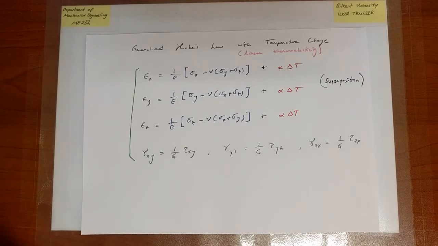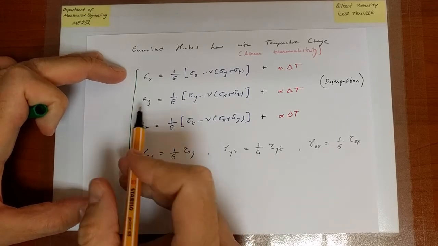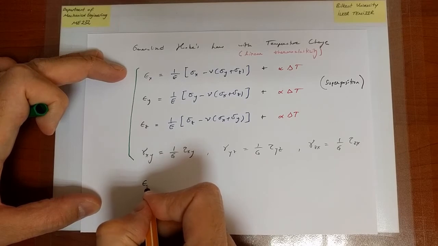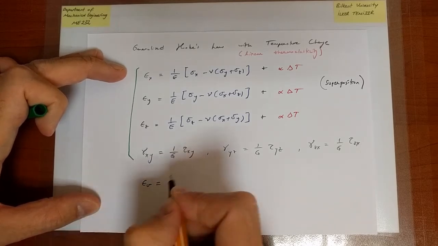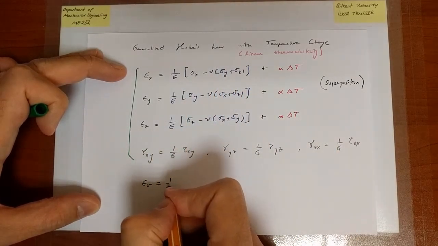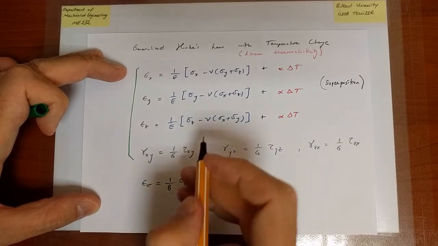And here, what you can also do as a side exercise now is to verify that if you sum the left-hand sides, you would get the volumetric strain. And on the right-hand side, we've done this before, it is 1 over the bulk modulus multiplying the hydrostatic stress.